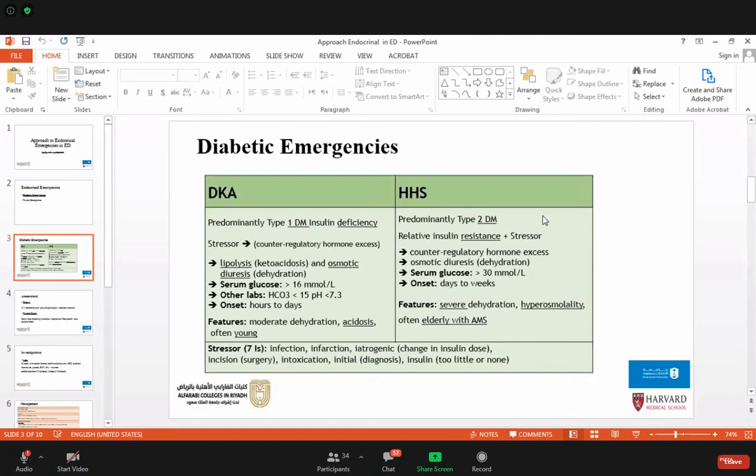And there is another uncommon cause of diabetic ketoacidosis, which is myocardial infarction. Most of the time we're not paying attention to it because we focus on the DKA.